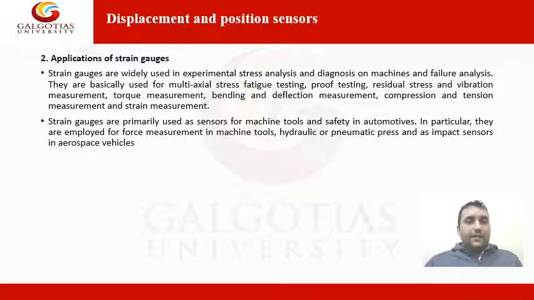The strain gauges are primarily used as sensors for machine tools and as safety devices in automotives. In particular, they are employed for force measurement in machine tools, hydraulic or pneumatic presses, and as impact sensors in aerospace vehicles.